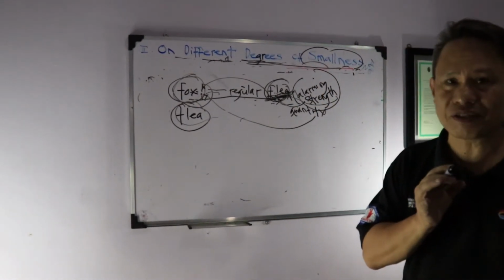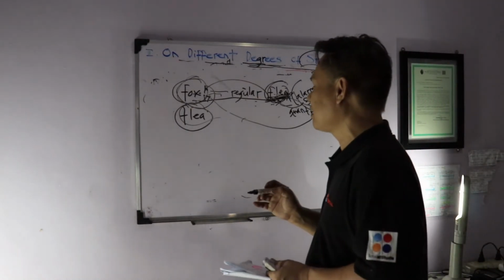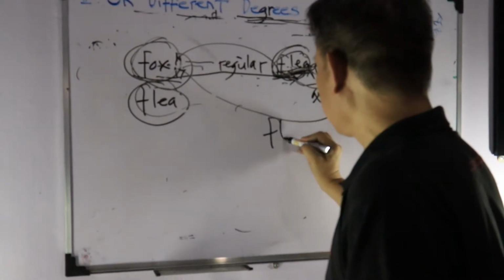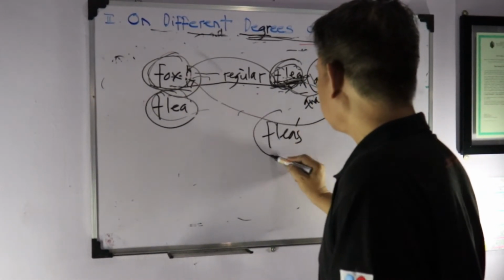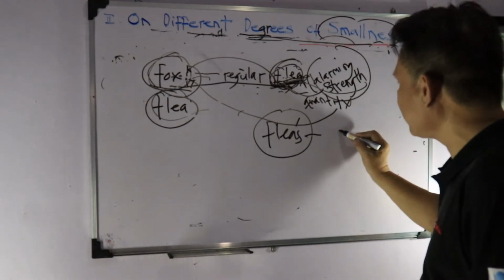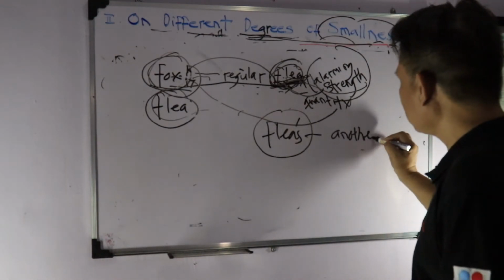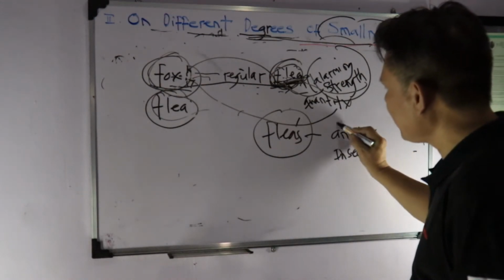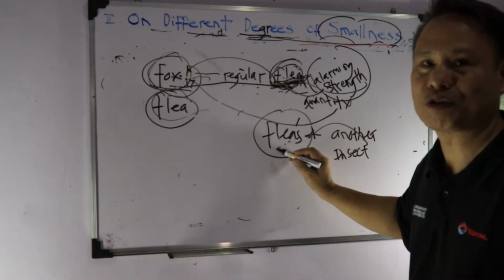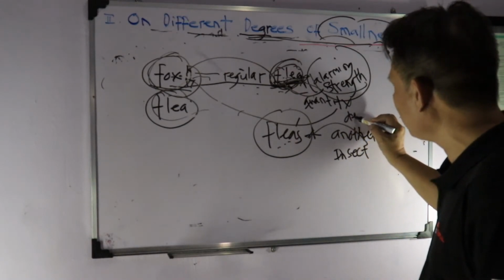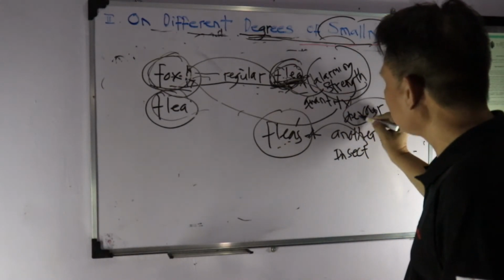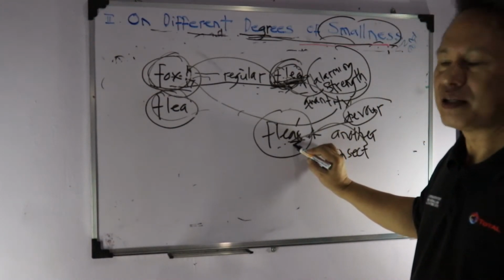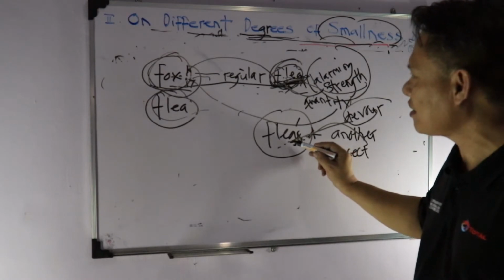In this relationship alone, we could see that the fox doesn't mind the flea's concern about another insect that would try also to bite him, or to inflict the same quantity.